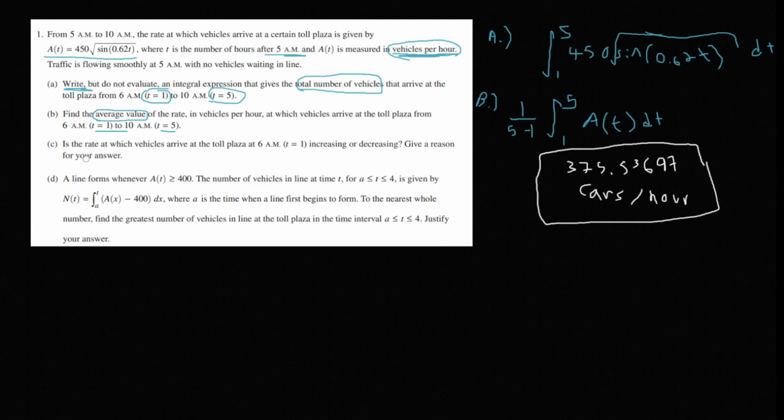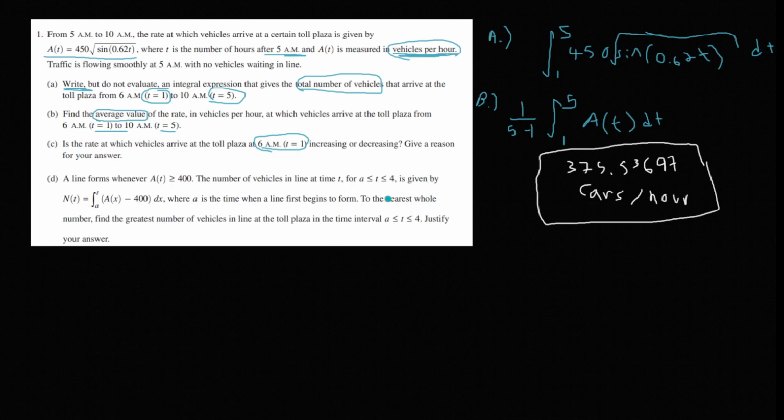Alright, C: is the rate at which vehicles arrive at 6 a.m. increasing or decreasing? Okay, so let's see. The rate at which vehicles arrive at 6 a.m., t equals 1, increasing or decreasing.